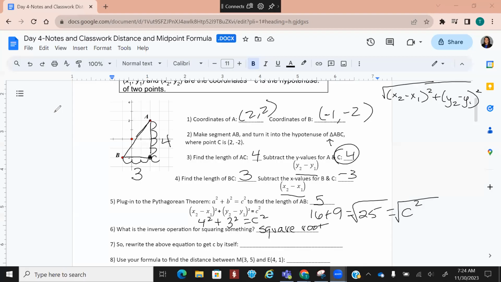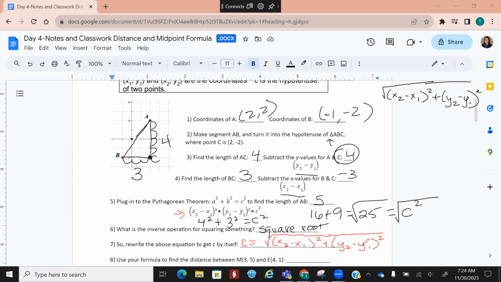If we were going to write c by itself using this formula, I would say c equals the square root of x2 minus x1 squared plus y2 minus y1 squared.